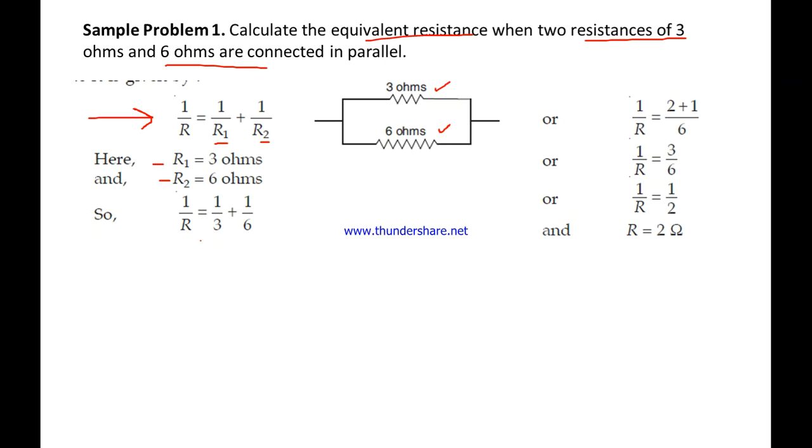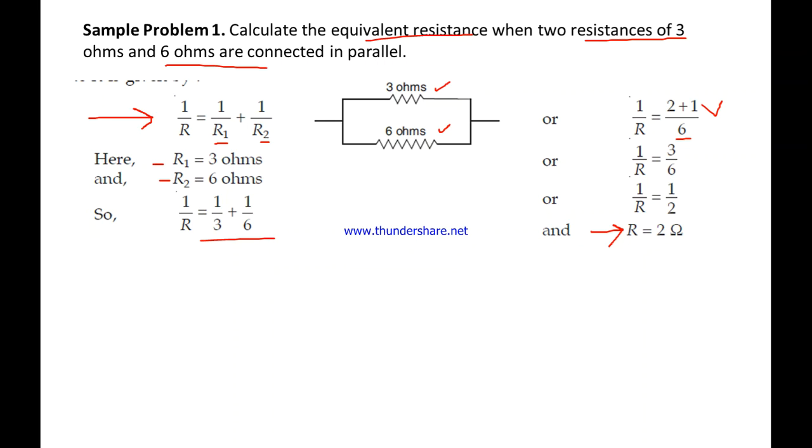Now take the LCM, which is 6. From 1 by 3 we get 2, and from 1 by 6 we get 1 in the numerator. If you add up and calculate, you will get the equivalent resistance R equal to 2 ohms. So this is the way to calculate the resistance.